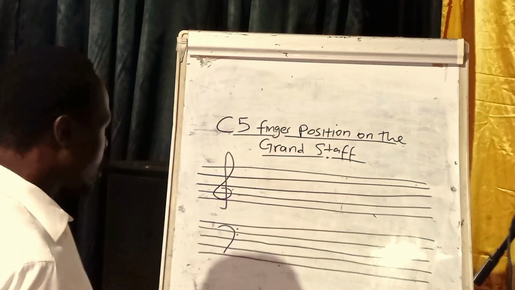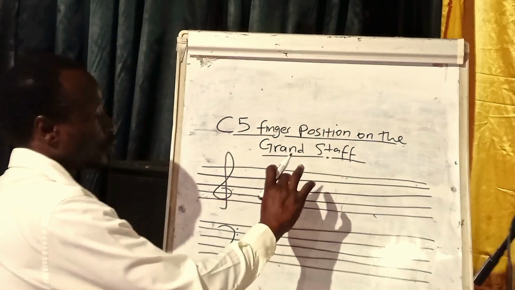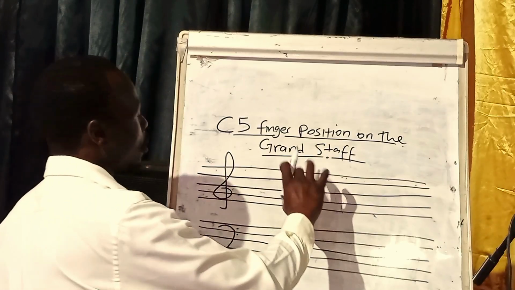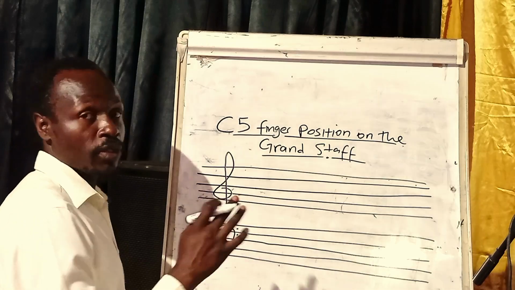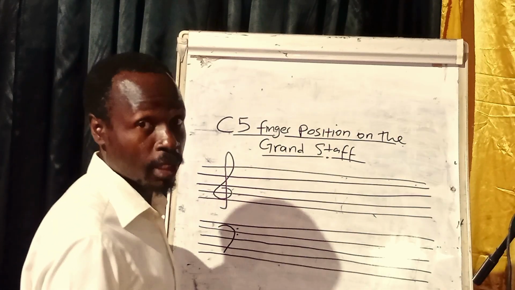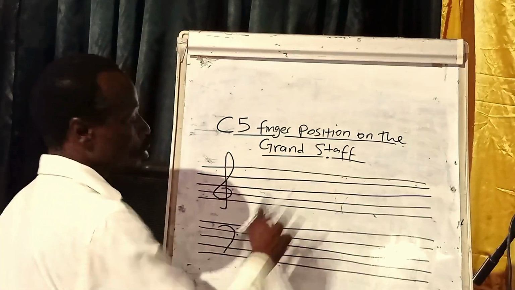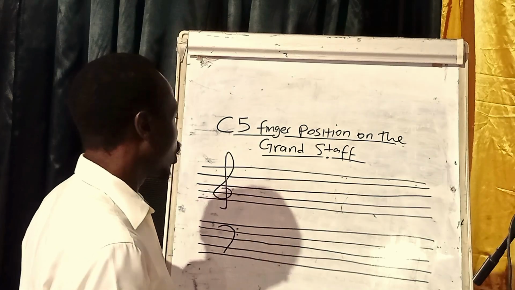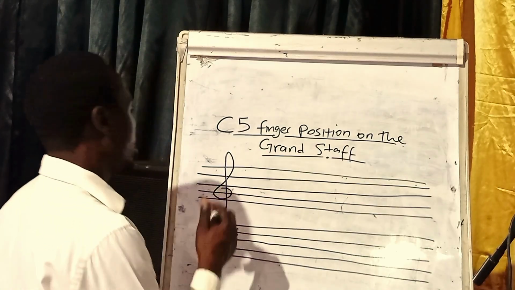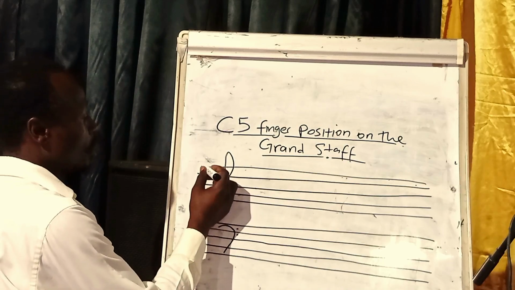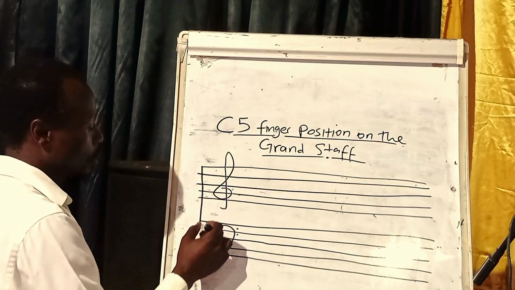So like I said, both the treble staff and bass staff are joined together by what we call a brace. And when we join them together, the name will change to a grand staff. So a brace comes here like this.